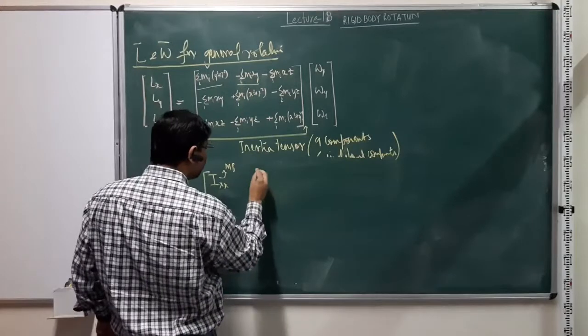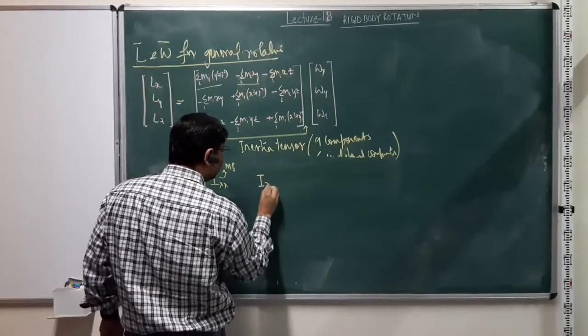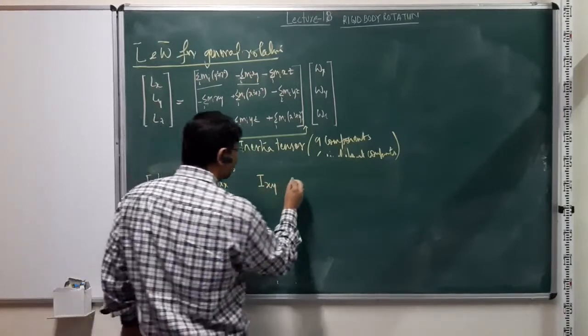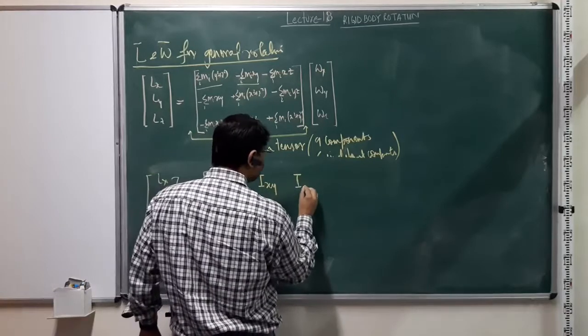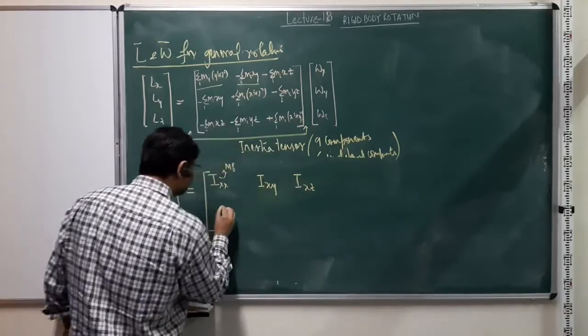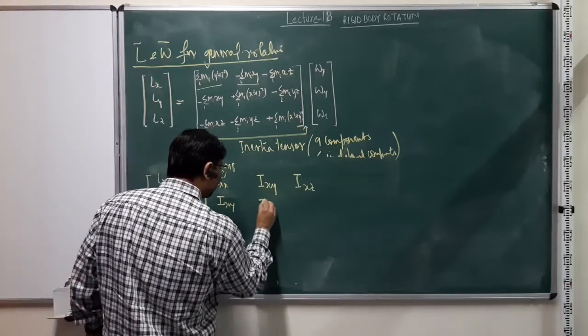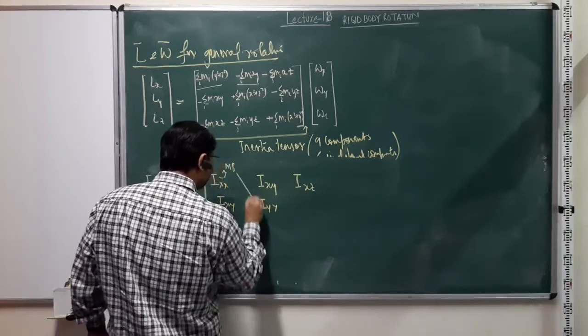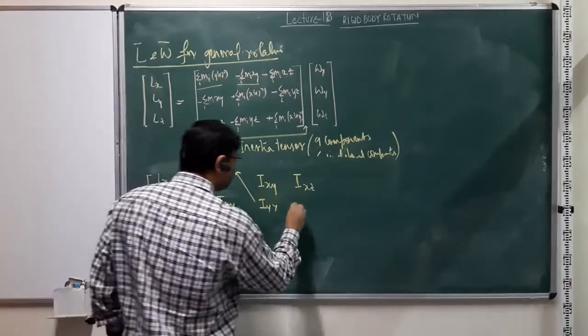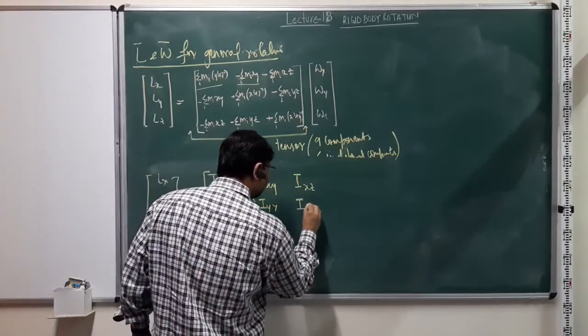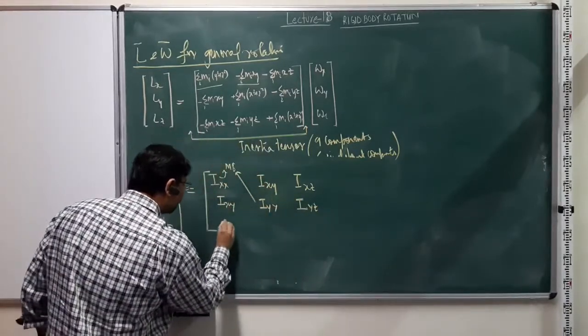This one I'll leave as it is and simply write in symbolic form as I xy. This I'll write as I xz. This again will be I xy. This will be I yy. This is also a moment of inertia. And another term, I yz.